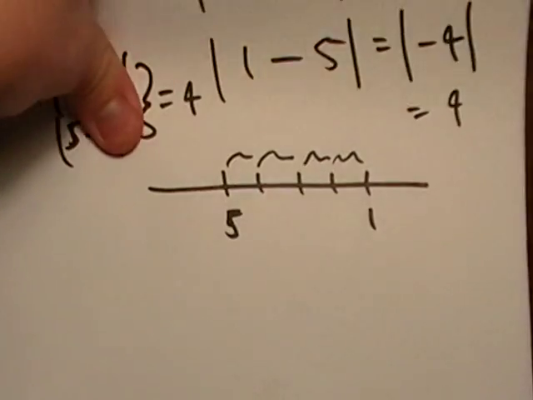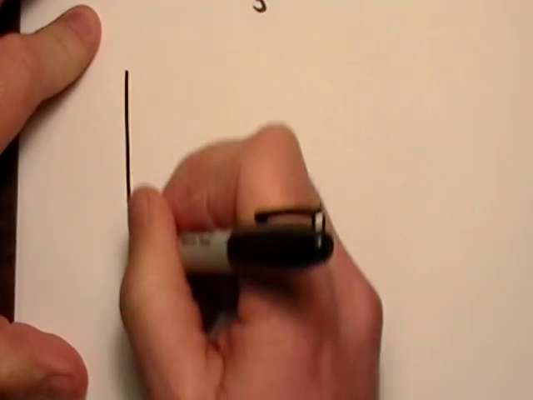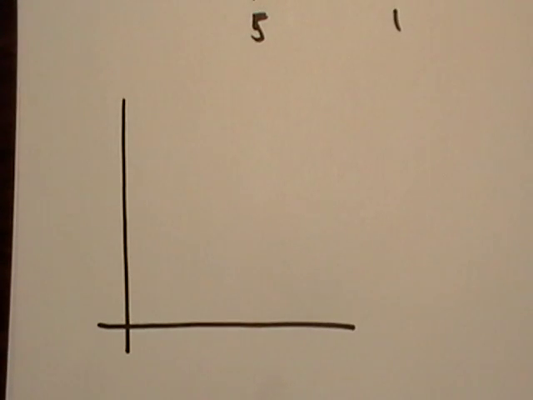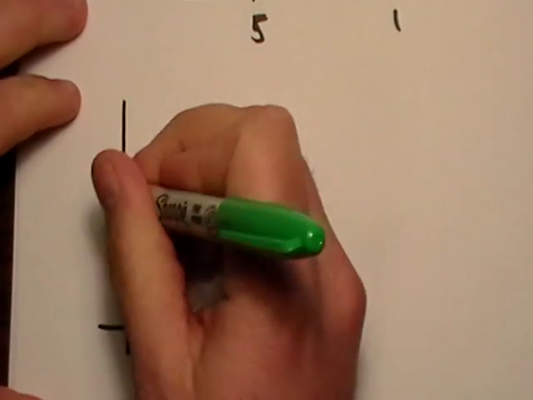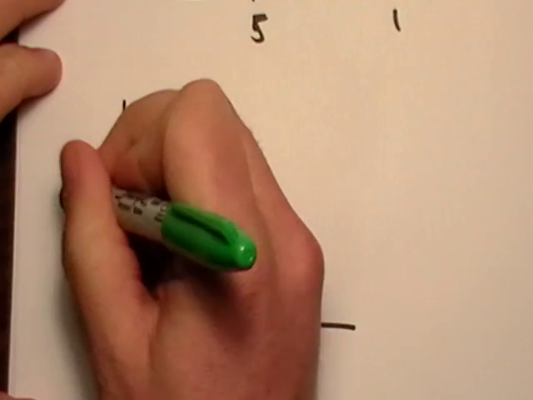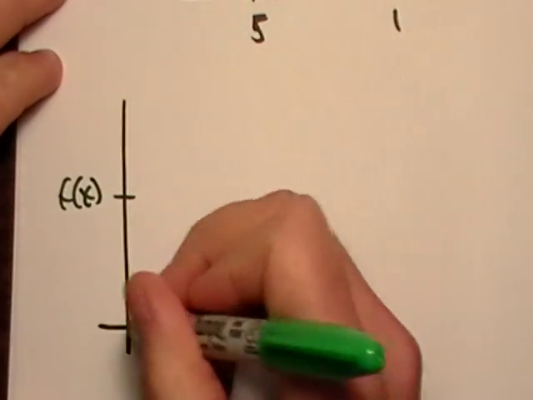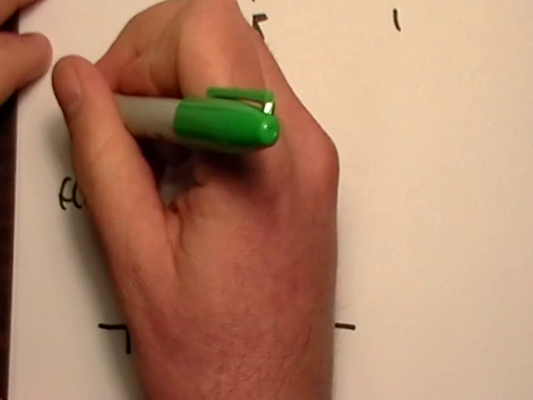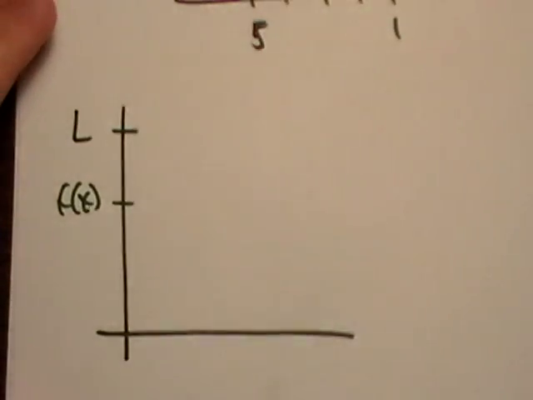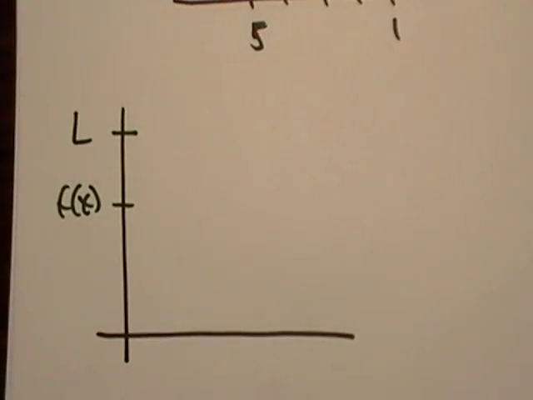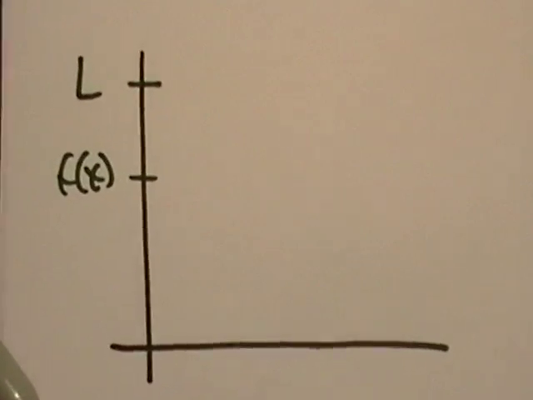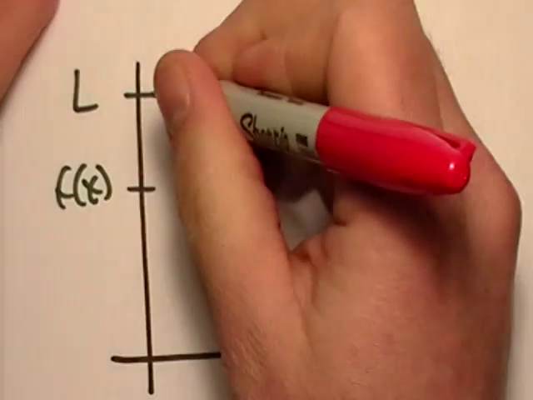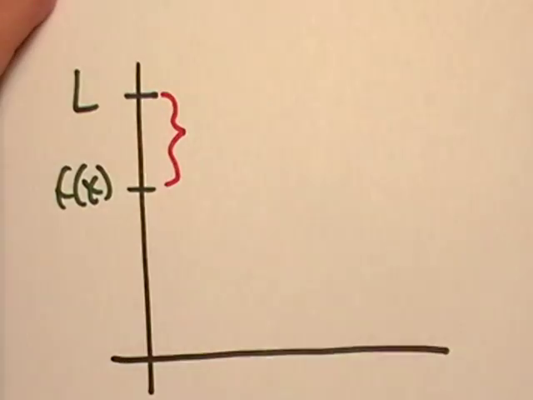So let's say I had a graph right here. I'm just going to draw a very crude graph, and let's say here was f of x. This is just some wacko function. And then I have something else called L. Now I'm going to zoom in here a little more. What would this distance in between be called?